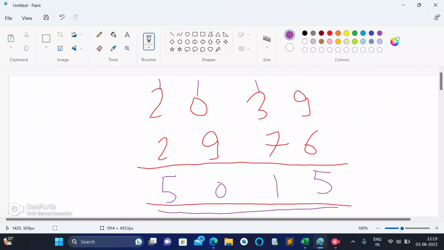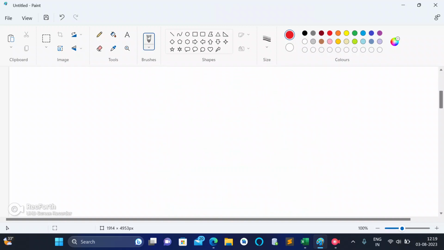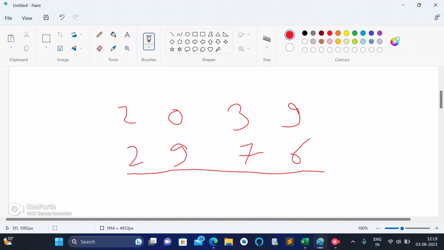Now let's find the sum by the method given in the question. Again the numbers are 2039 and 2976. 9 plus 6 is 15. Now this carry 1 will not go to the next column; it will go two columns to the left. Then 7 plus 3 is 10, so the value is 0 and the 1 goes above the 2 and 2.